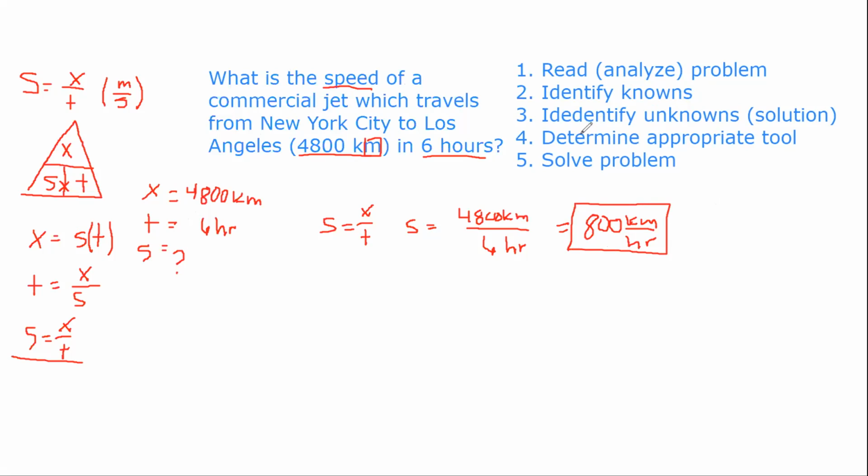So we reached for a tool, and there's only one tool that solves for speed. We used that and we solved the problem. We plugged the numbers in and then did the math. That's going to be the process you follow for all math in this class. If you can remember these 5 steps and remember your triangle, you're going to be set. All right. So just be aware that this is the case. Does anyone have questions, comments, or concerns about that?